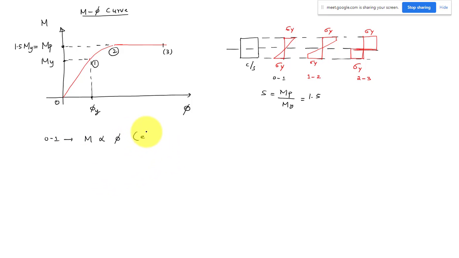That is your elastic. And 1 to 2, what is happening? 1 to 2, with further increase of bending moment.